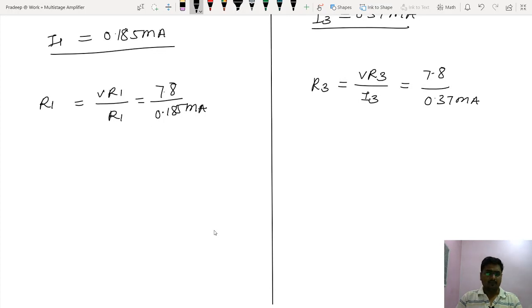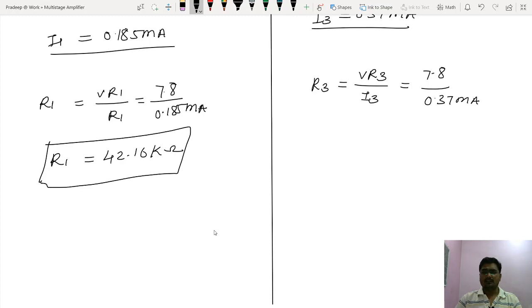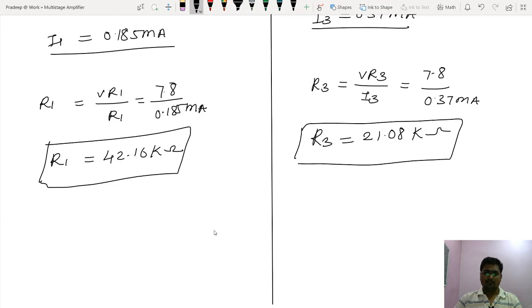The value of R1 is 42.16 K. Those are just part of the calculation, and the value of R3 will be 21.08 K. My students have calculated all those values, so I'm just taking reference of those.